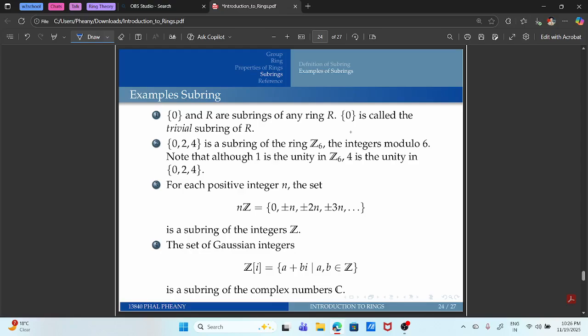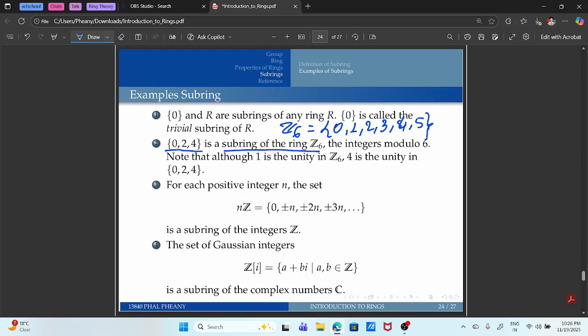The second example: suppose we have the set {0, 2, 4}, which is a subring of Z6. Z6 is the integers modulo 6. Its elements are 0, 1, 2, 3, 4, 5.